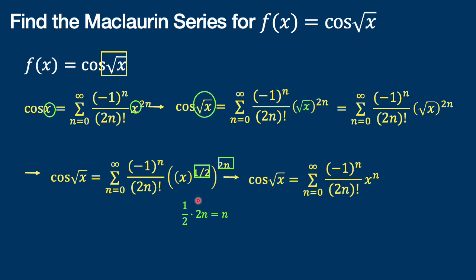Now you have the Maclaurin series for cosine square root x: the sum of negative 1 to the n over 2n factorial, x to the n. So what are you going to say? If you have some Maclaurin series, you can use it to find the series of a similar function, okay? Let's keep that in mind.